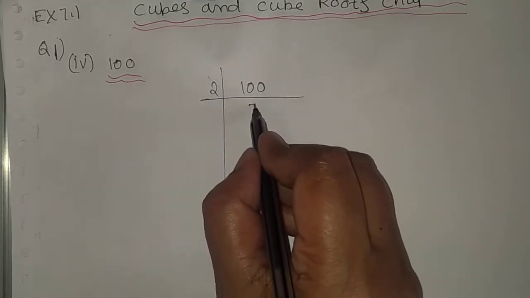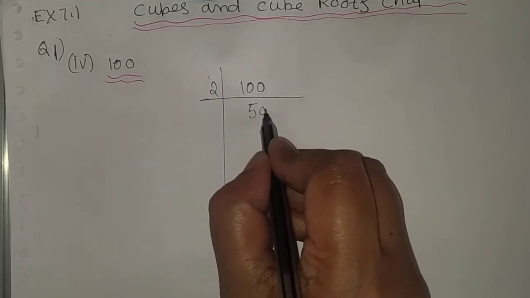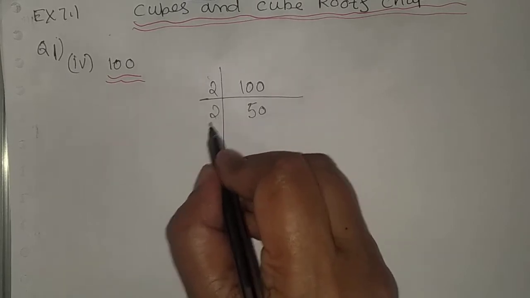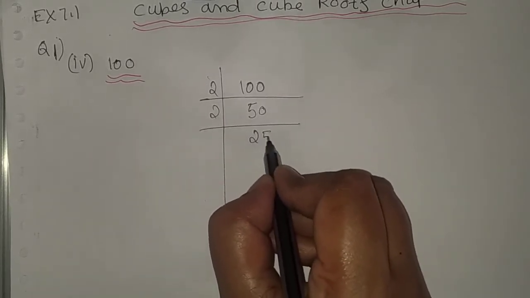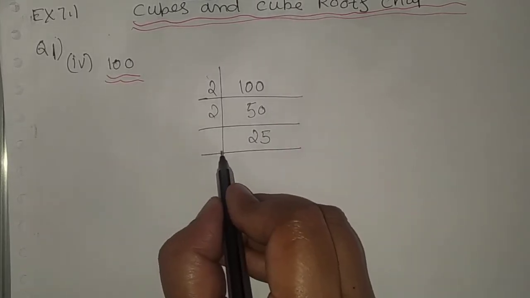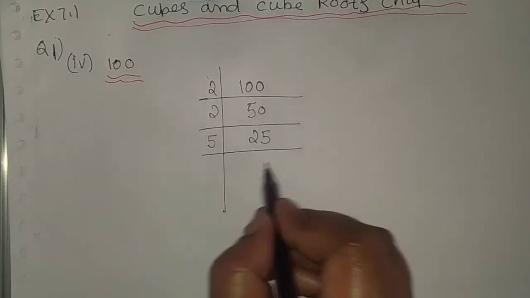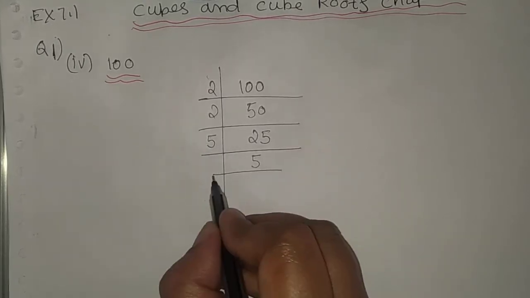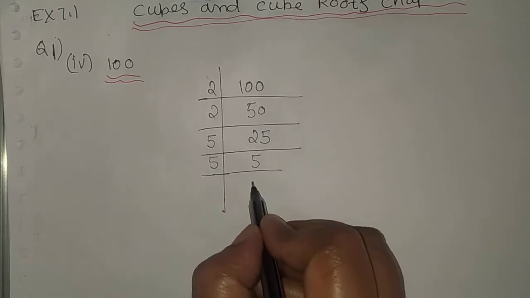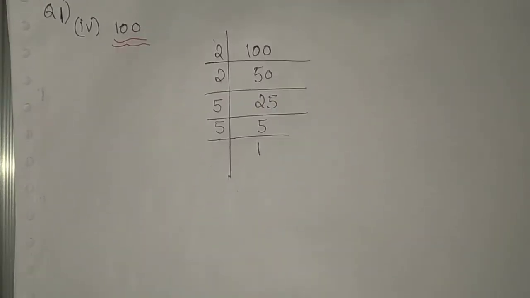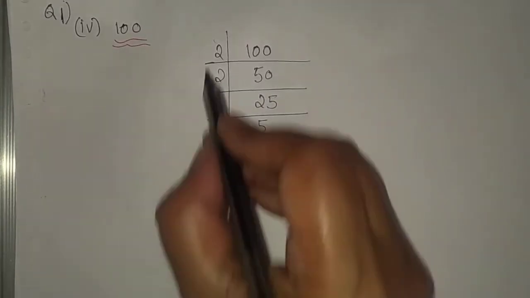Take 2, then 2 into 50 is 100, again 2, then 2 into 25 is 50, again 5, 5 fives, then 1. So this is the prime factorization method.